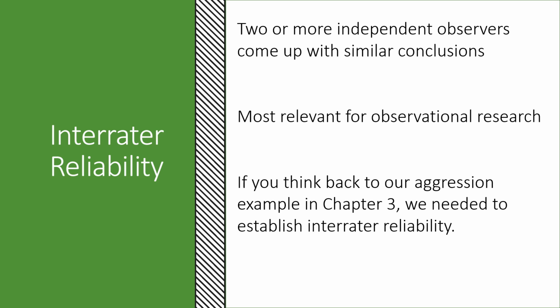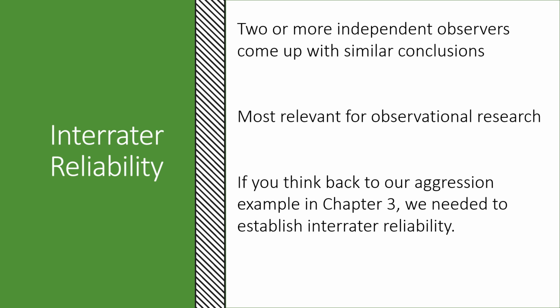The next kind of reliability, called inter-rater reliability, is most relevant for observational research, where you have people behaving either in a lab or out in the world, and they're not just filling in circles on a piece of paper.